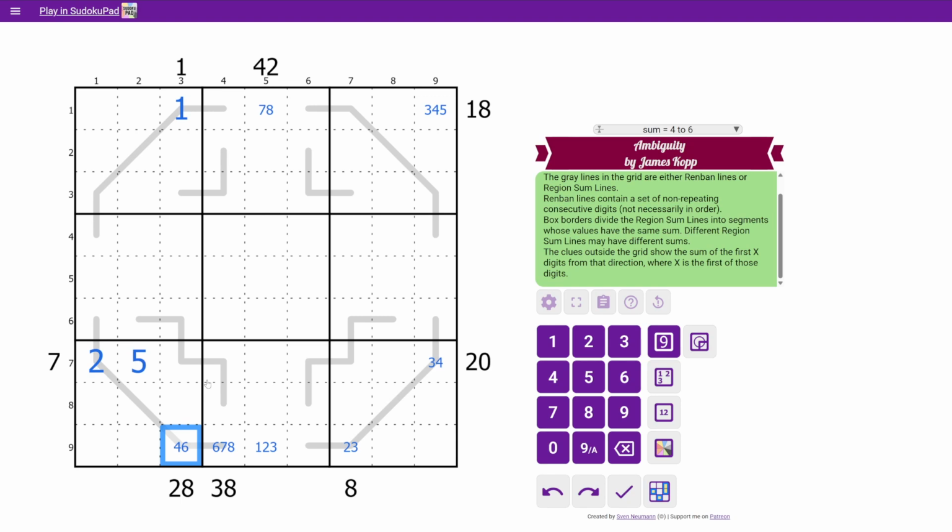What's interesting though is that if this was a 4, it could still be a 1, 2, 4 making a 7. Or, alternatively, it could still be 2, 3, 4, 5, 6.